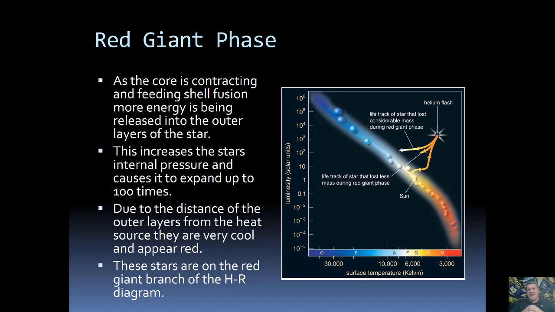As we look at what's happening on the HR diagram, when these low-mass stars leave the main sequence after they have finished fusing the hydrogen to helium in their core, they're going to swing over to the right, becoming cooler, but as they get larger, they're going to become more luminous. So this right through here is what we refer to as the red giant branch. This is where we find the red giants as these low-mass stars have left the main sequence.